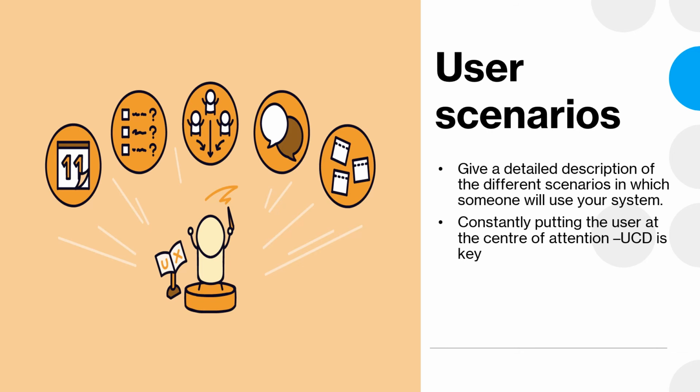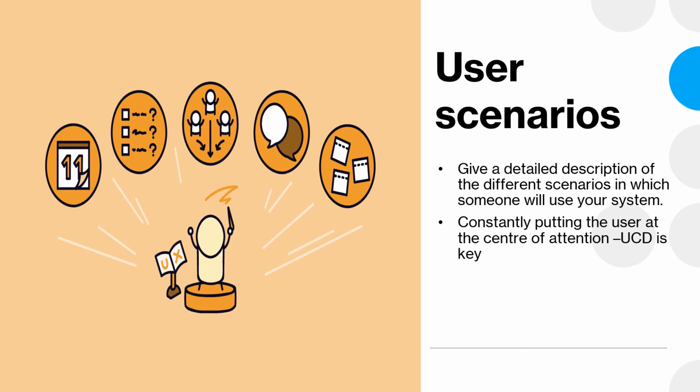Our next group of users may have different goals and frustrations from the ones that Kendall already has. So we need to take that into consideration and develop a persona for those users. User scenarios give a detailed description of the different scenarios in which somebody will want to use our system.